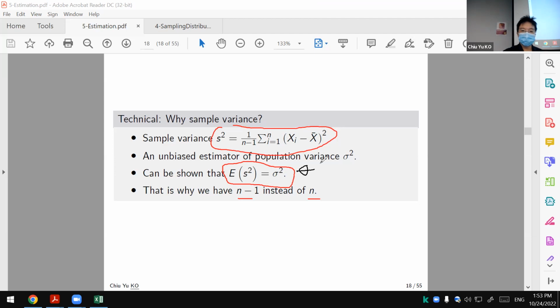The main reason, if you look at the proof, is that this is an estimate. Suppose we know mu. If that's the case, we should still use this.